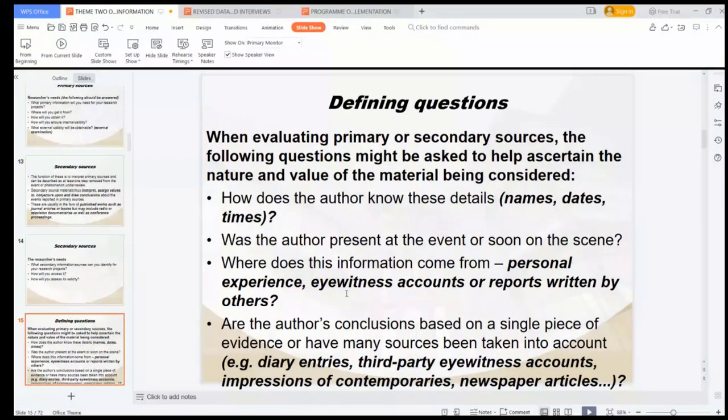Are the author's conclusions based on a single piece of evidence, or have many sources been taken into account? Colleagues, if you want to validate and strengthen the cases that you make about your literature review and about the arguments of your findings, it is very important to consider not less than 2 sources, because this will show that there are people supporting the idea.